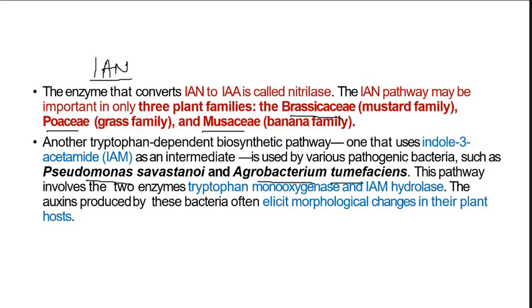Another pathway which is common in bacteria is the IAM pathway, and the first product is acetamide, which through one more step will again form IAA. Clear? So this is a summary of the biosynthetic pathways, and you have to study it in this way.